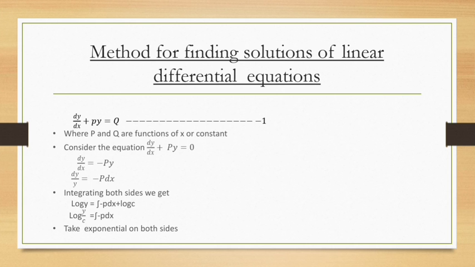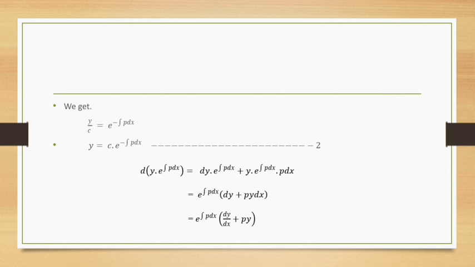Then log(y/c) = integration of -P dx. Now we take exponential on both sides. Then y/c = e^(-∫P dx). Then y = c e^(-∫P dx). Consider this as equation number 2.